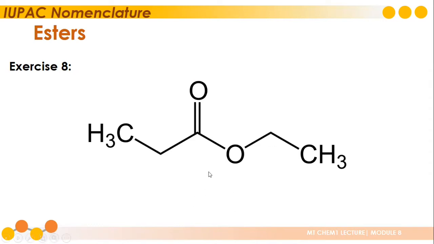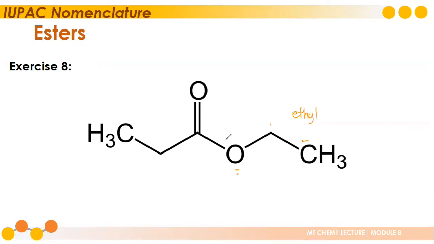Again, first we have to separate the alcohol part and the acid part. The alcohol part is the one bonded to O. So this is the oxygen that we are referring to. We have to identify the alcohol part attached to it. We have 1, 2 carbons attached to it, so two carbons in the alkyl group. So this is an ethyl.